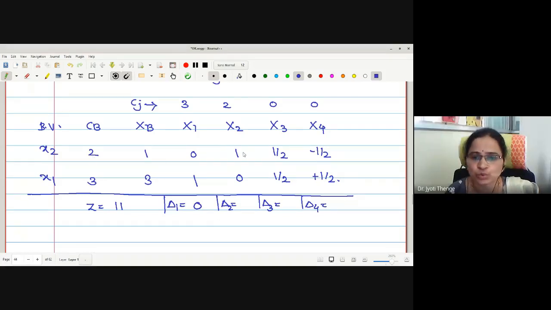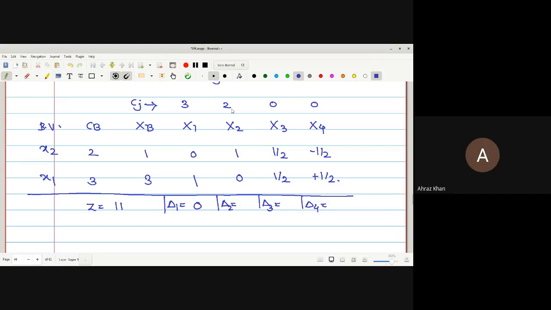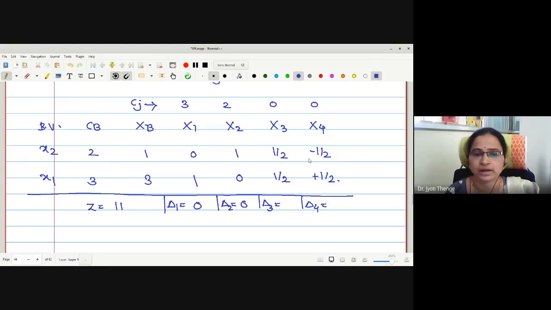Delta 2, CBX2 minus C2. Delta 3 is 5 by 2. Correct, I think. Next, 2 and minus half, it's minus 1.